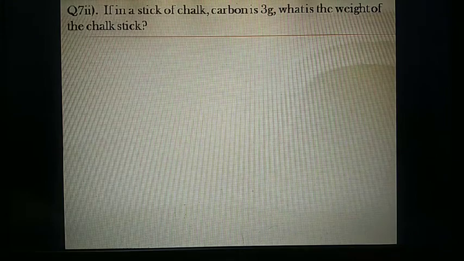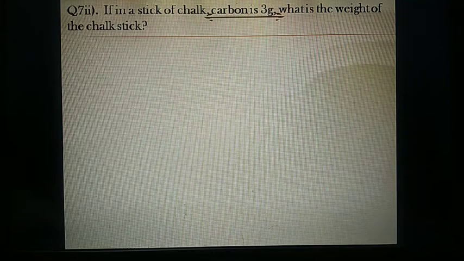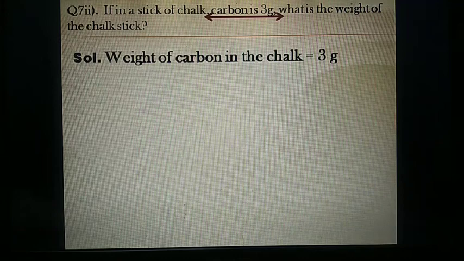Now in the second part of question number 7, if in a stick of chalk carbon is 3 gram, what is the weight of the chalk stick? Here the weight of carbon is given to you, which is 12% of the total chalk. You have to find the weight of the chalk. So first you will find that let the weight of the carbon here is 3 gram.